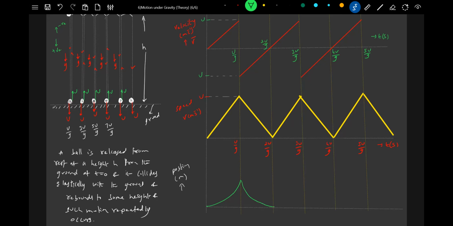This is u/g, 2u/g. I'll take some other contrast color.